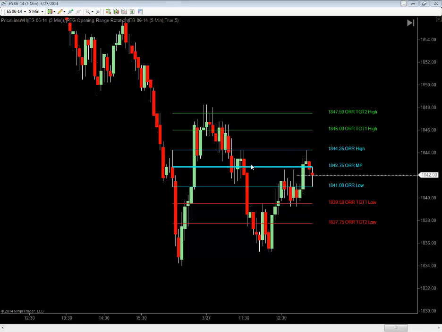The distance of the 5-minute average to the high, measured from the high out, brings us to an opening range upper target at 1846 in this instance, followed by a target up here at 1847.50. So price getting above that opening range high targeted an extension up to about 1847.50, whereby sellers came in, responded, and then rotated price back down.